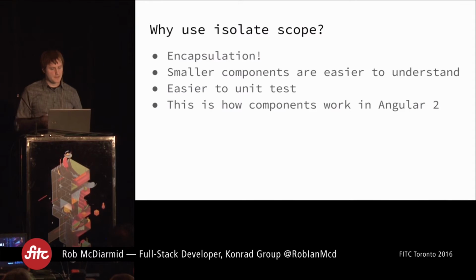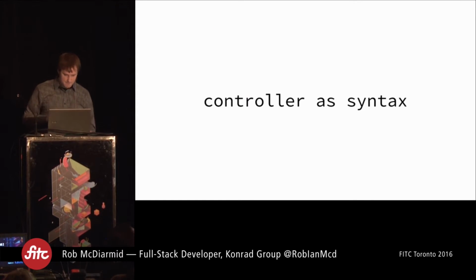It lets you use encapsulation, lets your components be much more isolated and easy to understand because they don't have a bunch of external things affecting them. Much easier to unit test, and it's pretty much how components work in Angular 2. I mean, the notion of scope isn't really there anymore, but if it were, it would be an isolated scope. It's much more analogous than using a global scope in Angular 1.